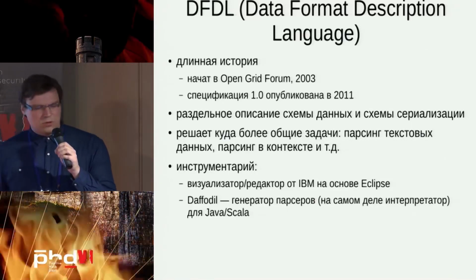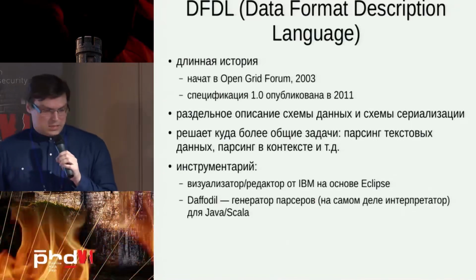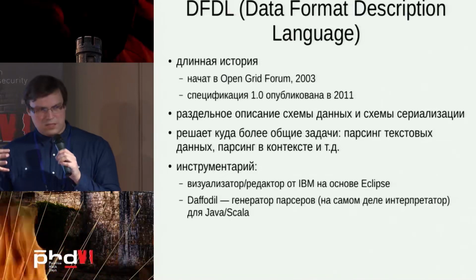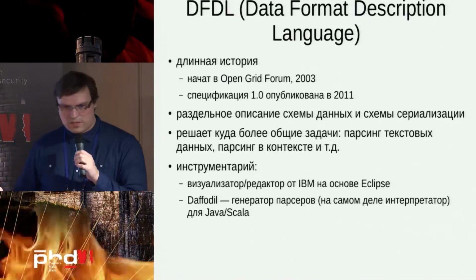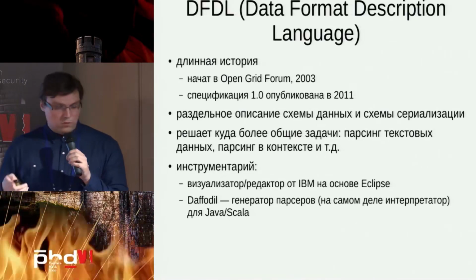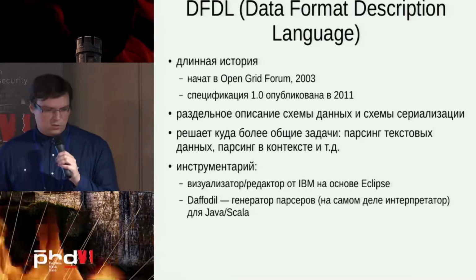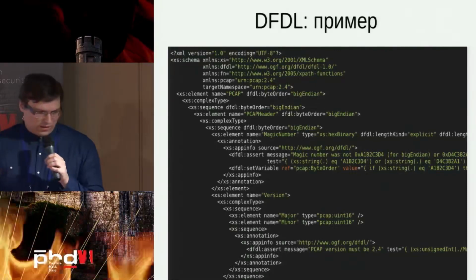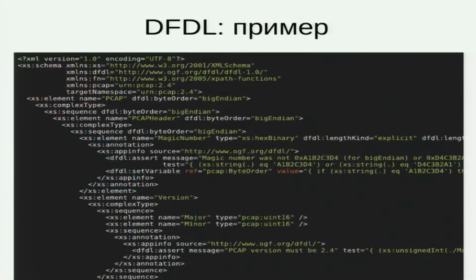In fact, this is the closest thing to what one would wish to have and one would wish to work with. It's a declarative format, XML-like. It's trying to describe the structure. And basically, over the past few years, even some tools appeared to use it. But when I saw the complexity of this format, well, this picture here is perhaps only 3% of the total description of the file format.